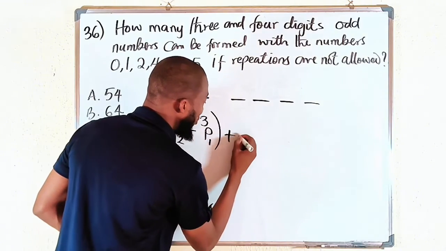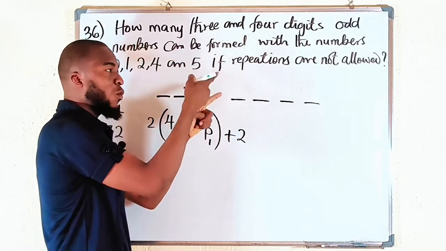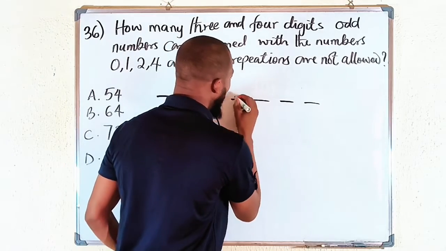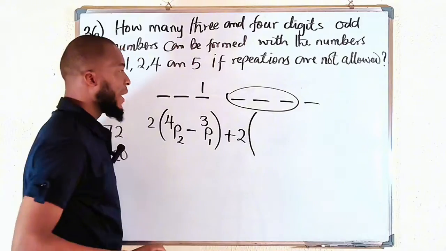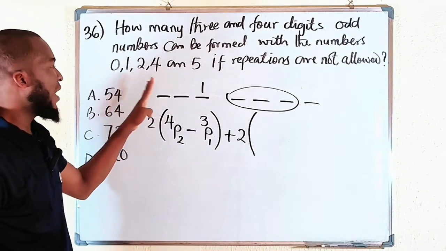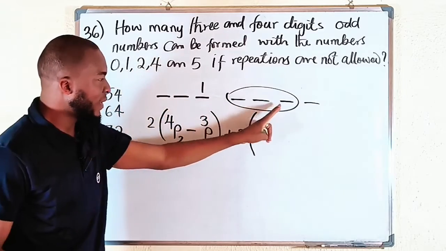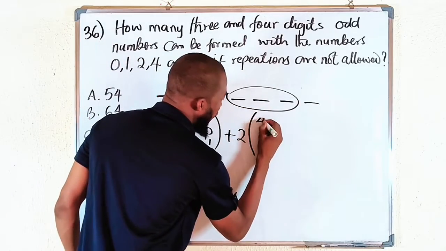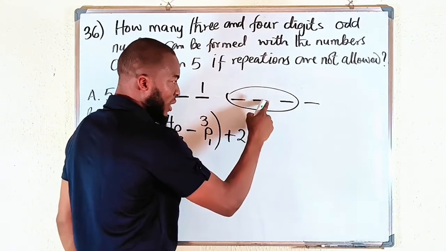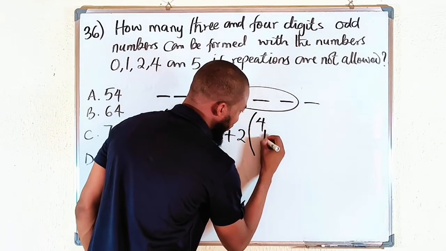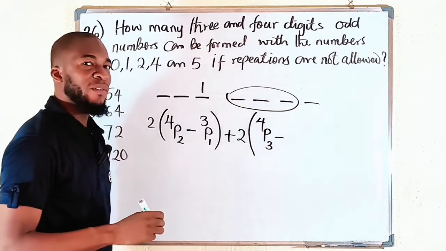It is also going to be 2, because it is either going to end with 5 or 1. So we're only going to work with these positions. Multiplied by, we have 5 digits, we have taken 1, right? Remaining 4, so we have to take 4 because the rest of the digits will be 4. We have to reshuffle them around these 3 positions. Then you also have to subtract wherever 0 appears.